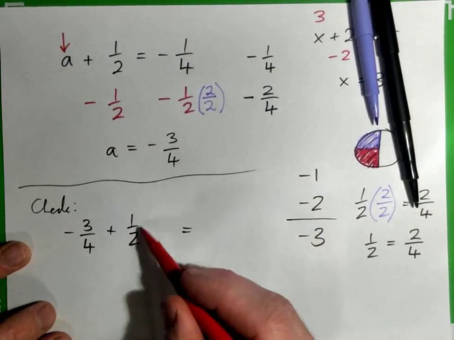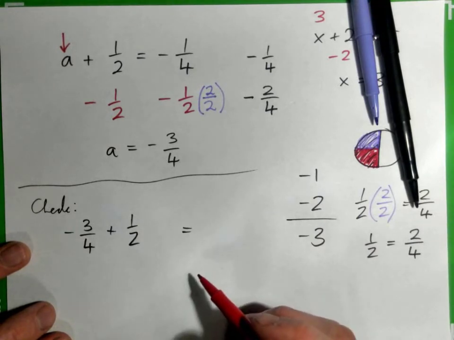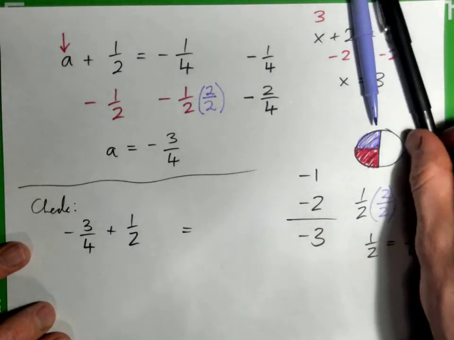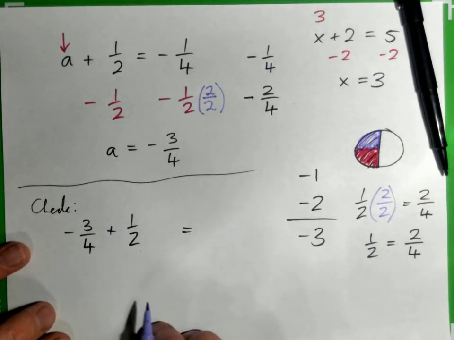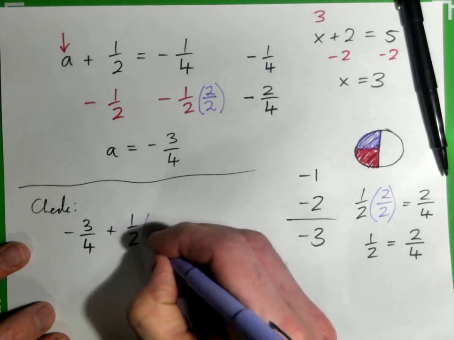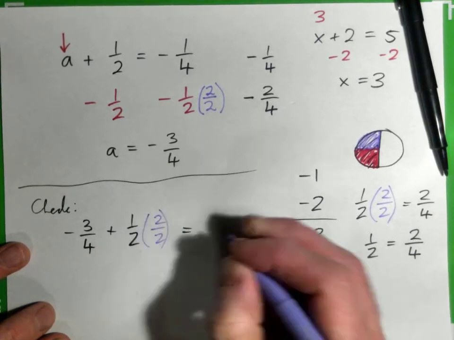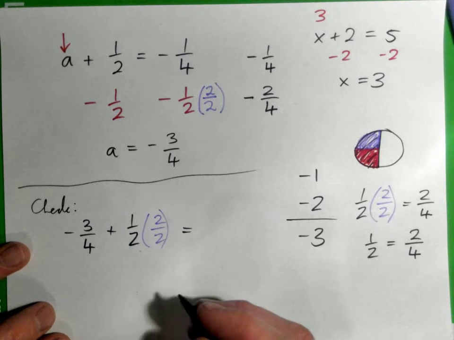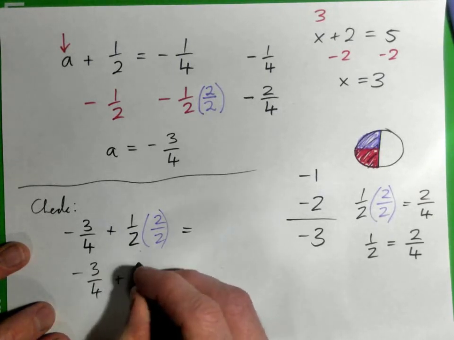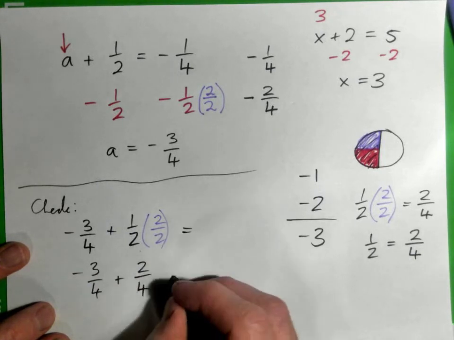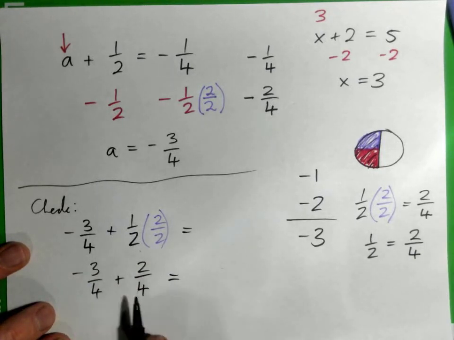But how can I change this half into quarters? What do I do to change it into quarters? Times it by 2 over 2, right? And that'll give me negative 3/4 plus 2/4. What's negative 3/4 plus 2/4?